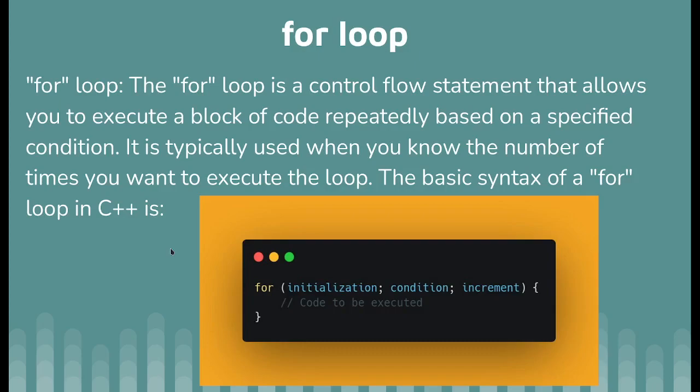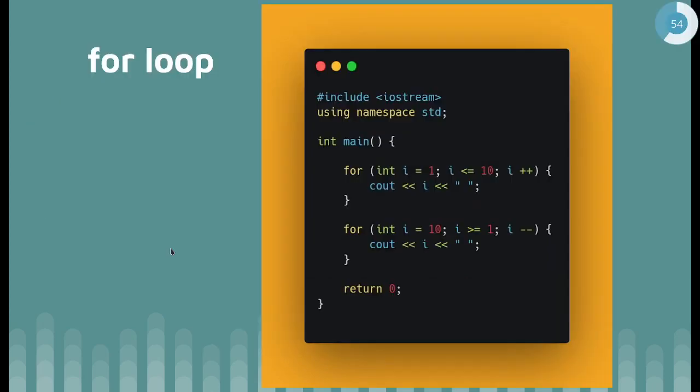Okay, that's the same thing. The first for does the same thing as the while that we saw before, and the second one actually prints from 10 to 1.